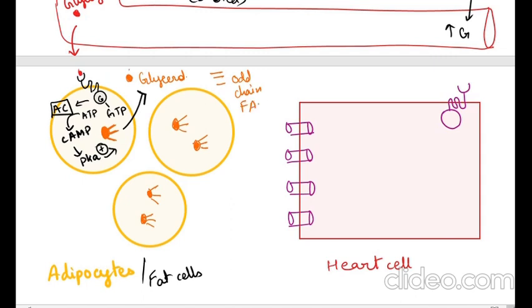Now this glycerol and fatty acid will go into the bloodstream. So here we have the glycerol, and we have these 3 fatty acid chains.